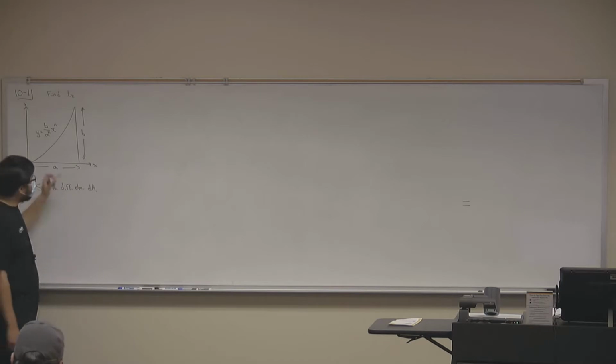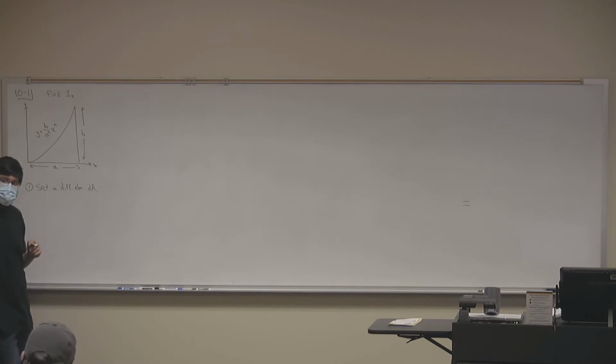So should our element be horizontal or vertical? Vertical. Why vertical? Where's horizontal actually? Horizontal. Why horizontal? Because if you set it to vertical, you're calculating that. I think it's not right. Go ahead. I think it is vertical, right? Because dA can be parallel to x?